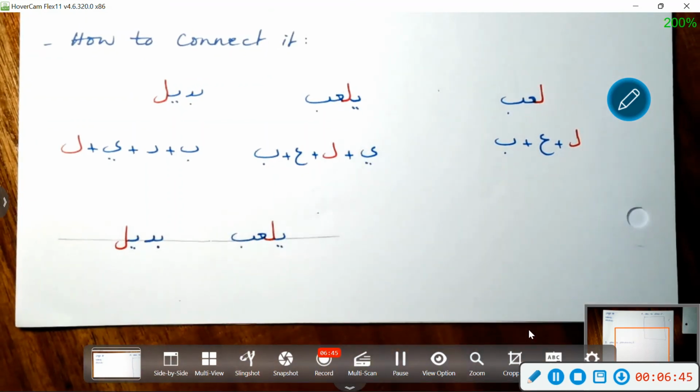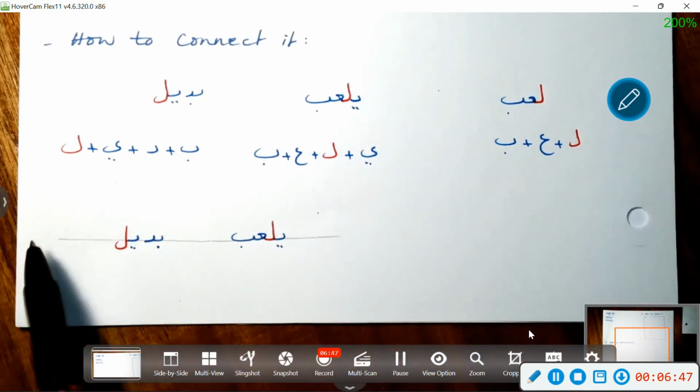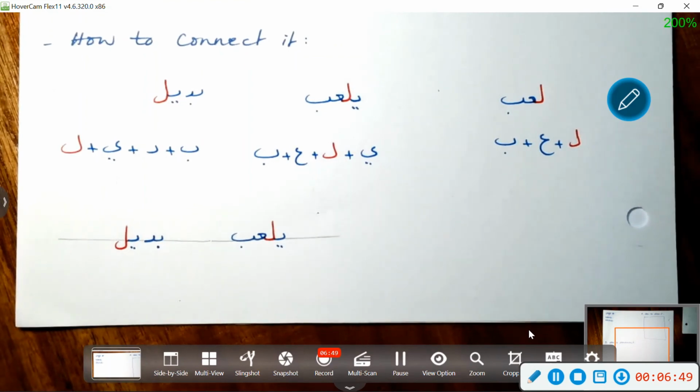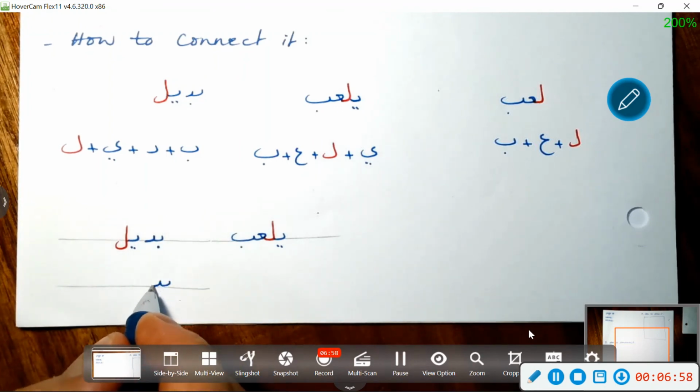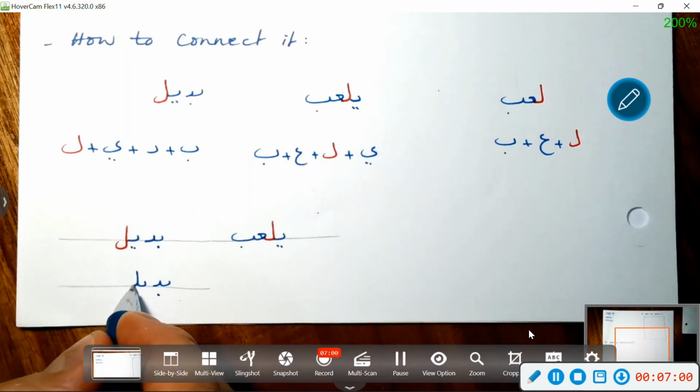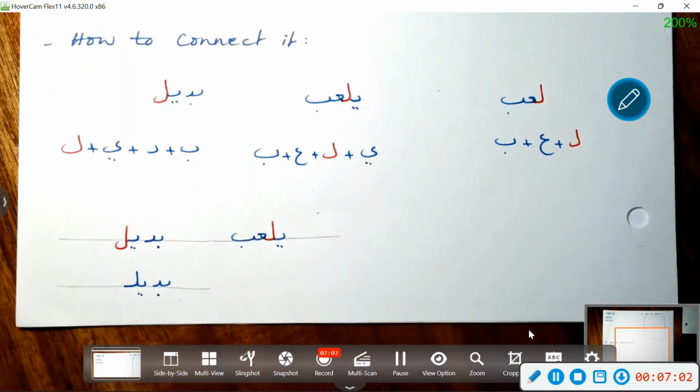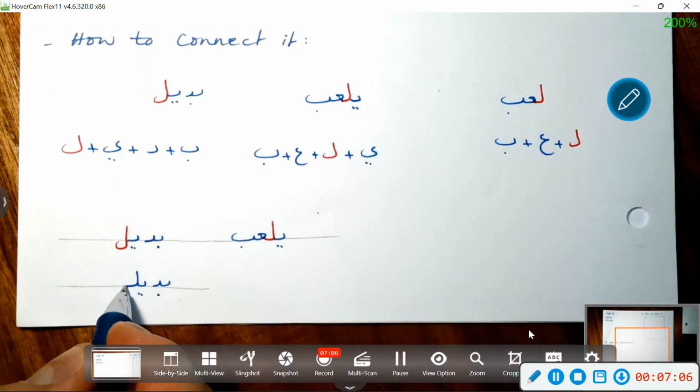Because if you keep it over the line, it looks more like Qaaf. So imagine this is the line, and you want to draw بديل, but you put the lam above here. Now this may be mixed with Qaaf. A little bit of elongation here, and it becomes Qaaf.